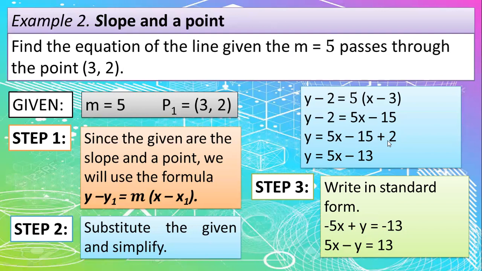So again, pag minultiply po natin by negative 1, negative 1 multiplied by negative 5x, it will become 5x. Negative 1 times positive y, negative y. And negative 13 times negative 1, it's positive 13. So we have now the equation 5x minus y is equal to 13 for our example number 2.